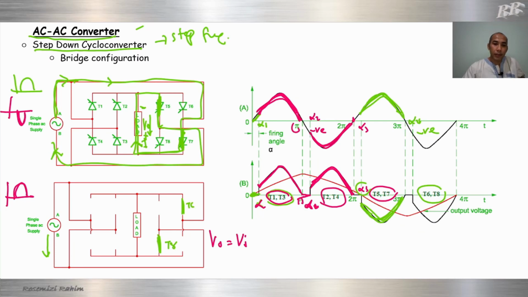Right, so current will flow from here, pass through T8, go to the load, go to T6, go back to input. Complete one cycle. So current in this direction, I, so plus, minus, polarity will be negative. V will be negative. Output is negative. Start from alpha 4.